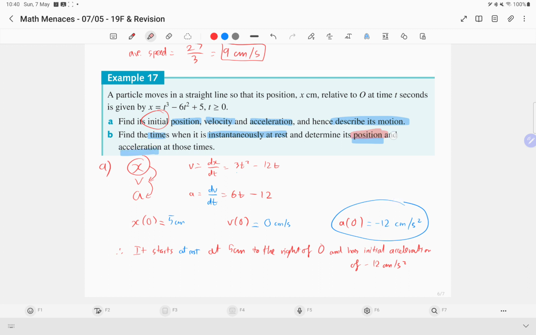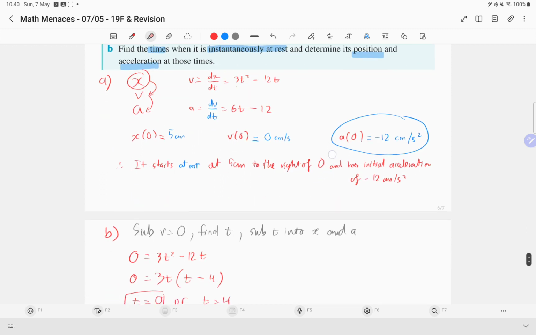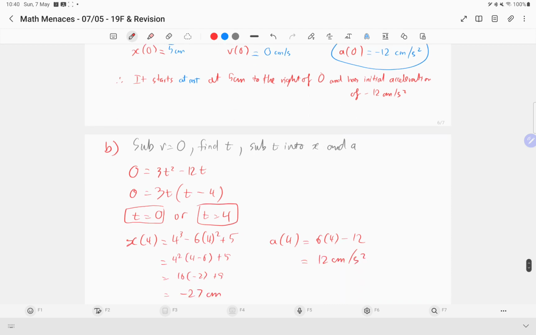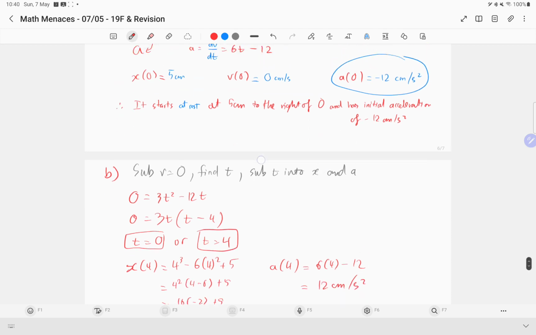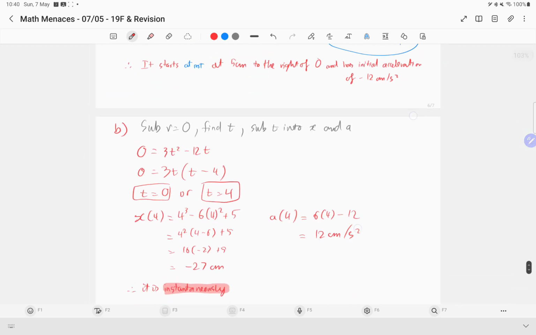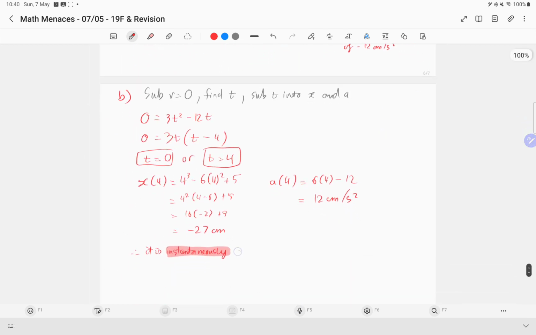So at the 2 times that we found, which is 0 and 4. Right, there are 2 times. You also have to do the same thing for 0. Yes, we technically do have to, but we already did that over here. So we'll just use the values from here. So it is instantaneously at rest.